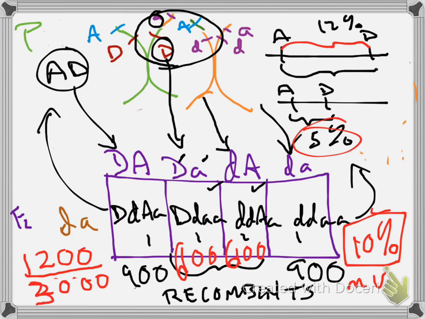So now what's my percentage of recombinants? Okay. All right, in this case, it would be 40%. All right, 40 map units apart. Okay.